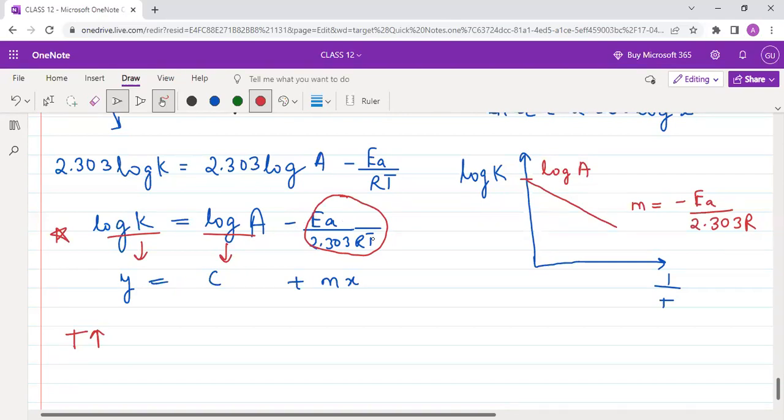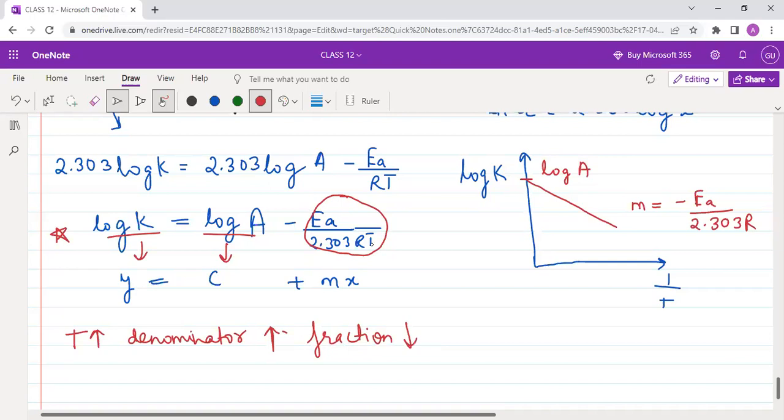If you increase temperature, the denominator will increase, because we are increasing the temperature. And when the denominator increases, the fractional value decreases.